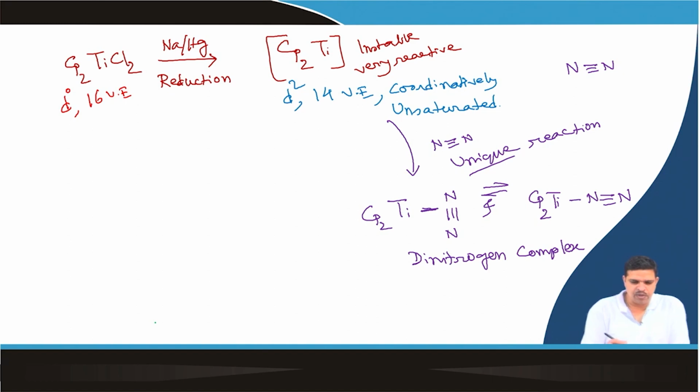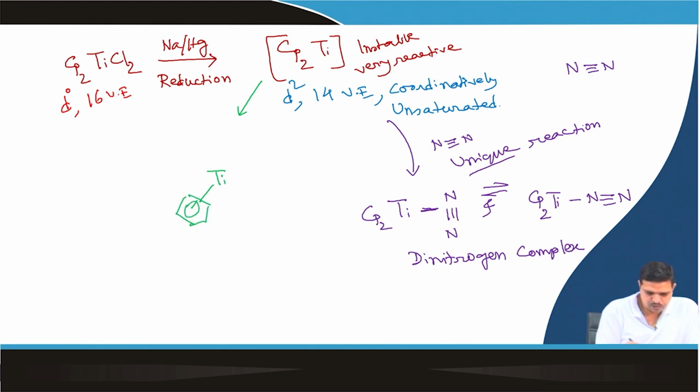So how does it happen? This one undergoes the reduction reaction. What happens here is titanium, and one is like Cp minus. So this is a Cp minus, eta 5 Cp as it is.